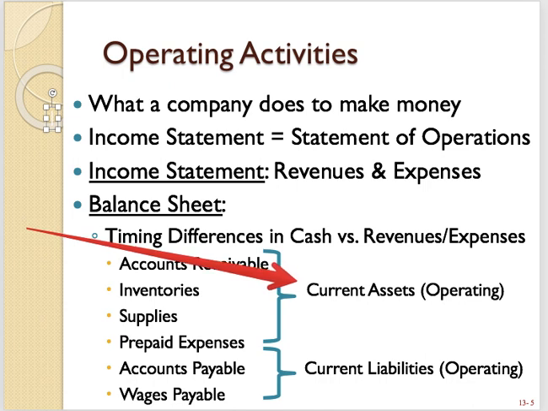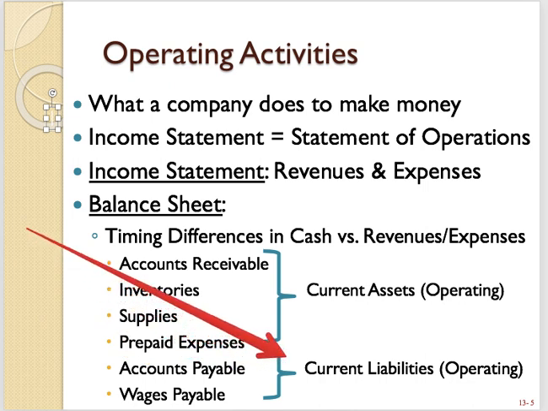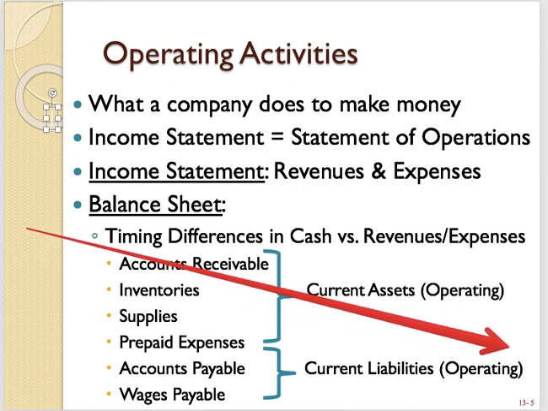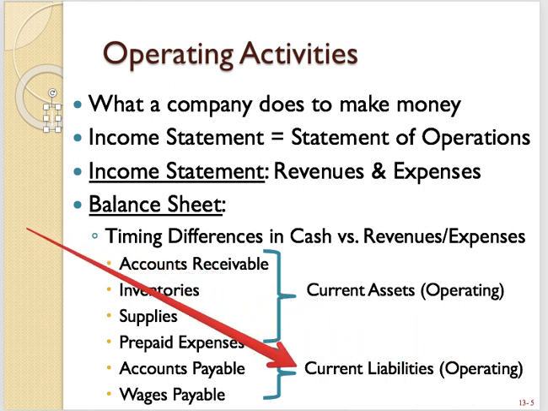The normal things that the business does. And same thing with current liabilities, you notice these here, accounts payable, wages payable, there's other payables we've talked about, but those are current liabilities. But we want to focus again on operating liabilities, meaning the current liabilities that have to do with the normal operations of the business, just those timing differences of revenues and expenses.